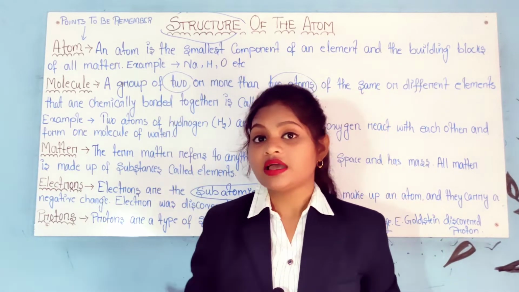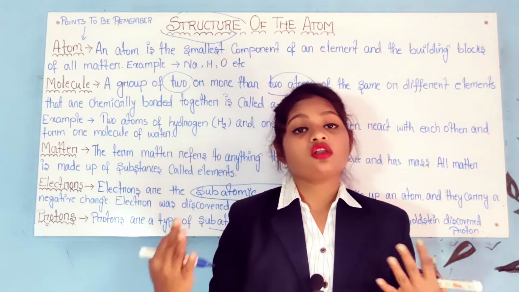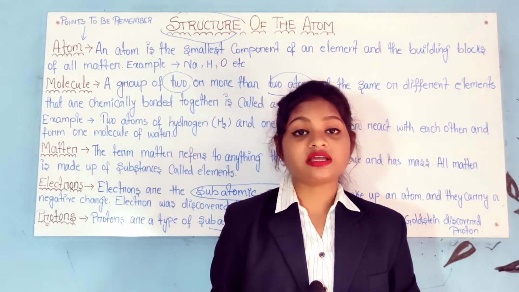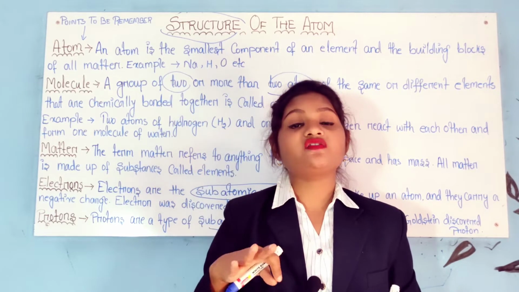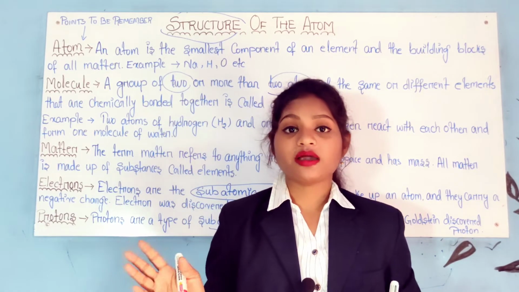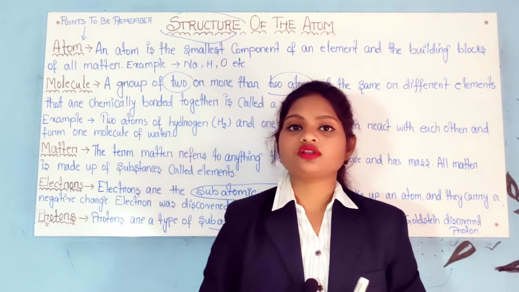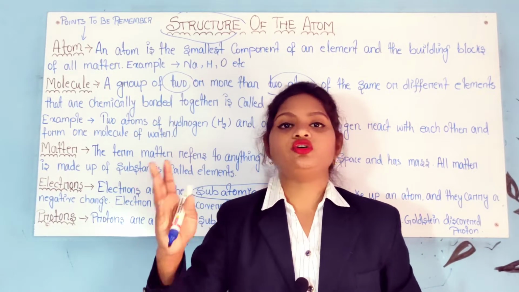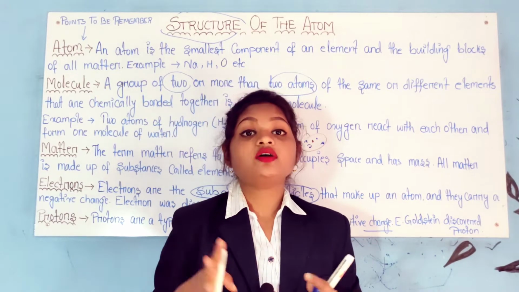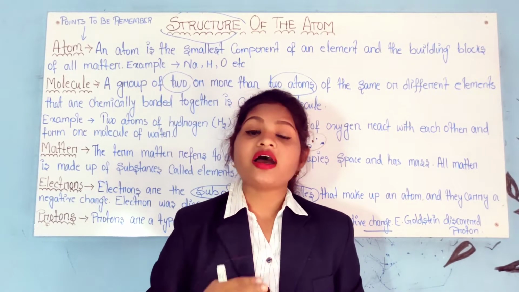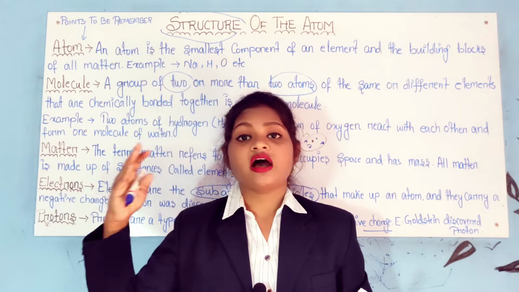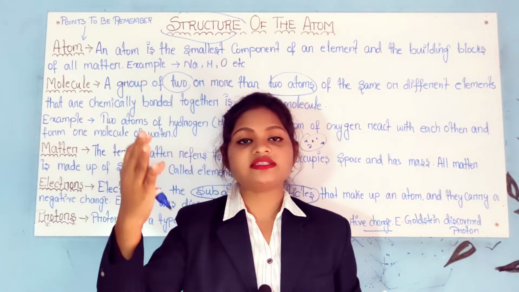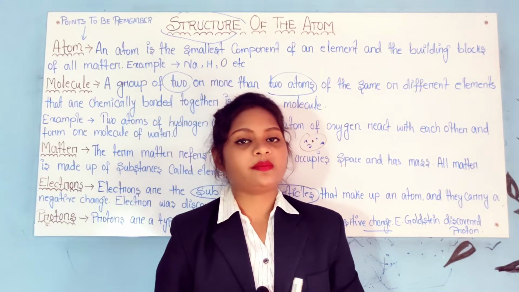But after scientists did lots of experiments and discoveries, they found that inside atoms there are subatomic particles called electrons and protons. So it is proved that Dalton's atomic theory failed. But a question arises: how did the scientists find that subatomic particles are present inside the atom?